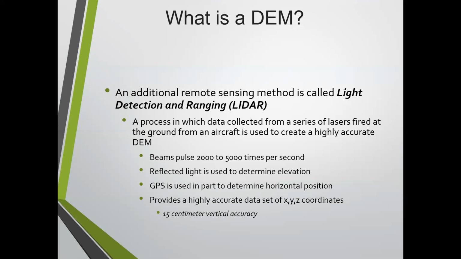You may or may not be aware of this, but the state of Ohio, a group called OGRIP, you can get 2-meter resolution LiDAR data for free from those guys, which is actually pretty cool. So you just go in and get the data set that you want, and you can bring that into something like Civil 3D and generate contour maps out of it. It's pretty awesome.